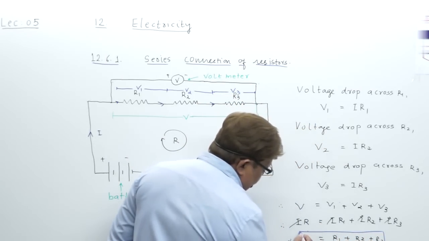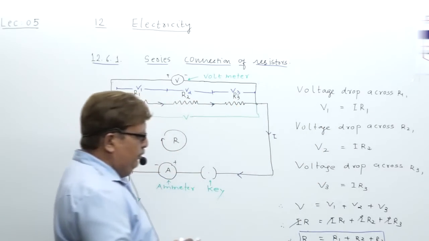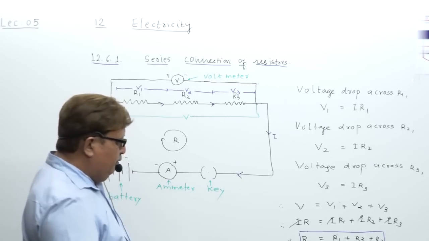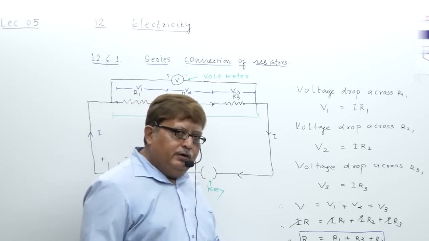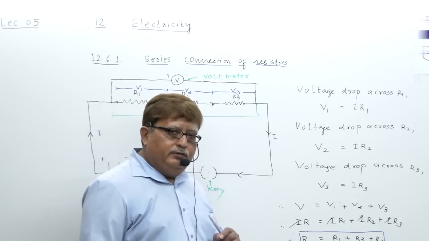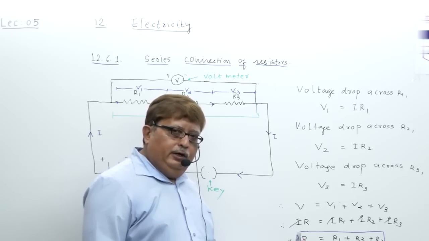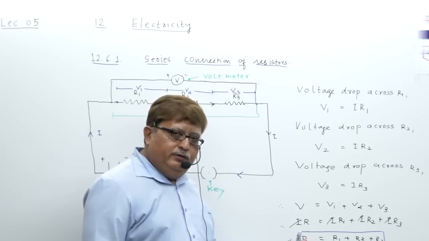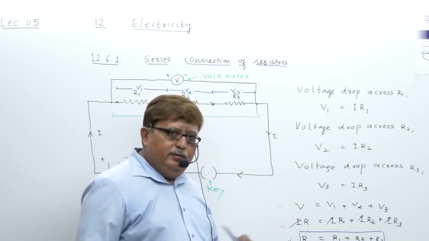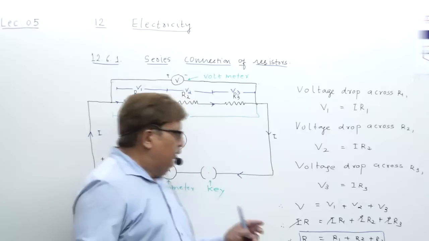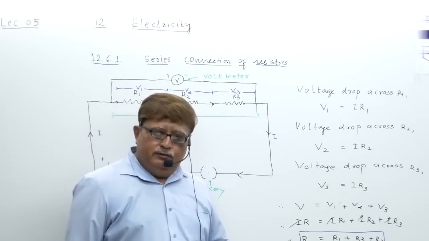What is that? R equals R1 plus R2 plus R3. Understand? In words, what can you say? That in series connection, equivalent resistance is equal to the algebraic sum of all resistors connected in series.